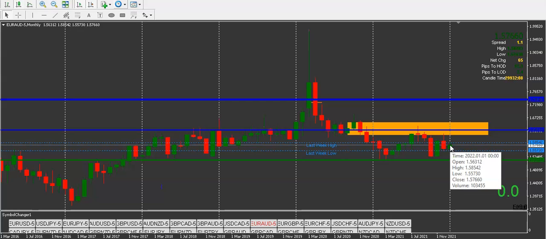Right now this is an inside candle. The month just started, it's the 9th. It just took out the highs of these 2 months. Drop down.